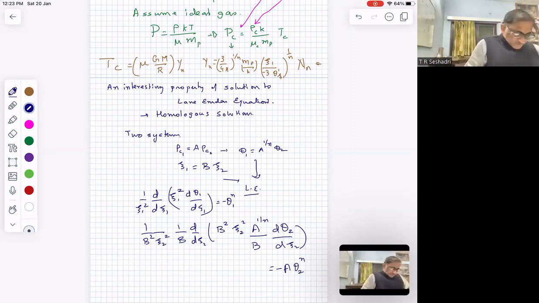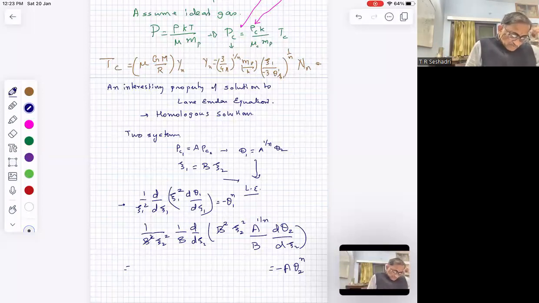Are you with me? So I have just scaled one with respect to the other. So I have taken the system 1 and substituted the variables in terms of system 2. And so this will be equal to this, and this cancels out.